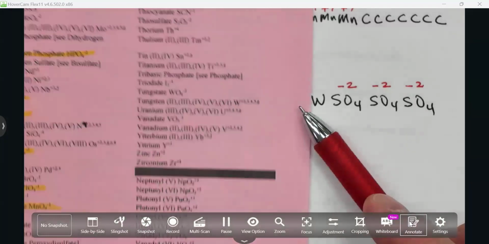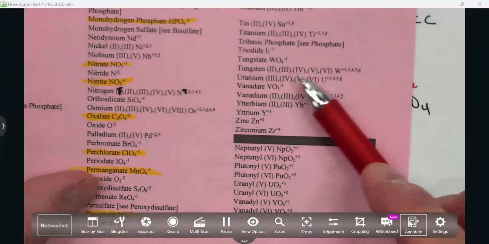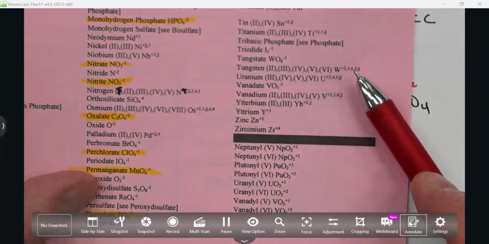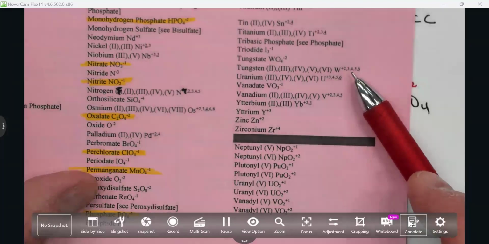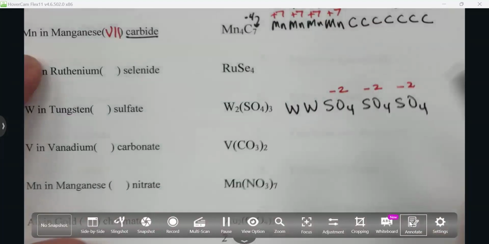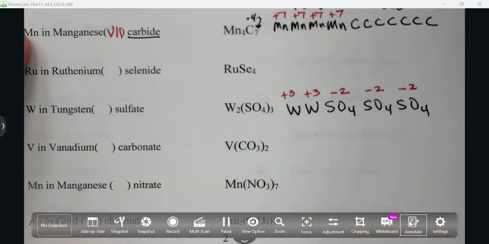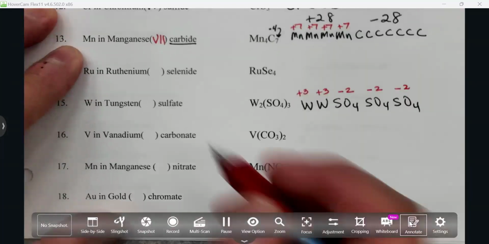Well, let's double check. And tungsten can be all of these: 2, 3, 4, 5, 6. So it's a tungsten 3. So we have tungsten 3 sulfate.